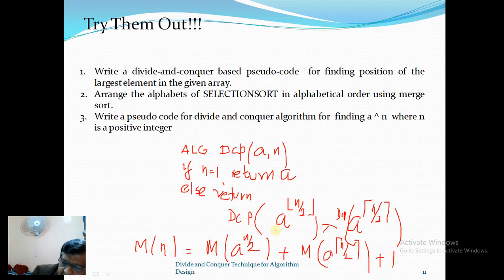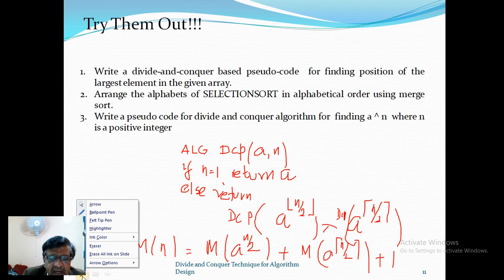And of course this can be solved by assuming n equal to 2 to the power of k. That is the smoothness rule that we explained in the previous chapter itself.